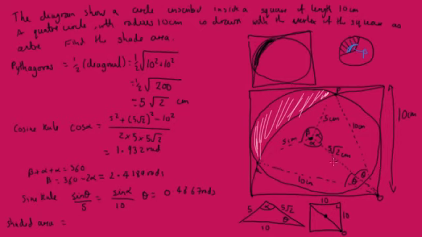So therefore the shaded area must be equal to the sector for our small circle.